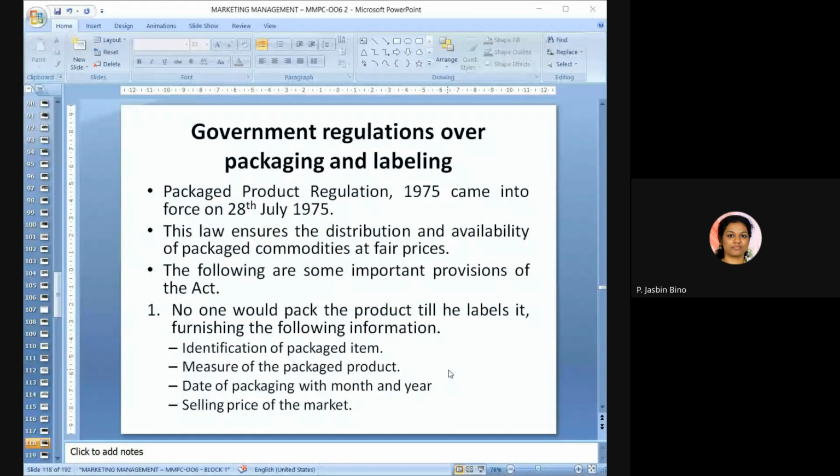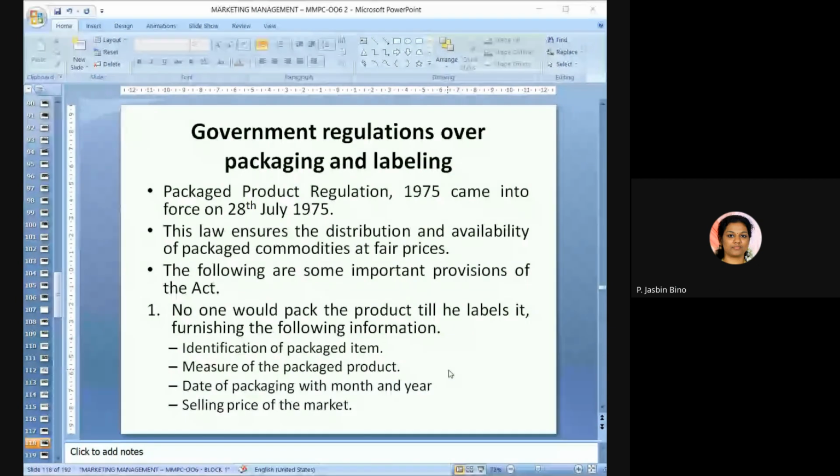The next one, government regulations over packing and labeling. The Packaged Commodities Regulation 1975 came into force on 28th July 1975. This law normally ensures the distribution and availability of packed commodities at fair prices.